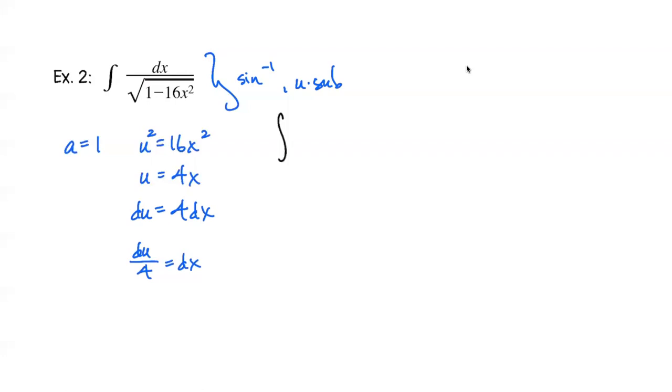So we'll get the integral, and I'll have a 1/4 in the front, du over the square root of 1 minus u squared. Okay. That 1/4 here is definitely important. If we forget to do the u sub, our answer will be off by a factor of 1/4. Okay.